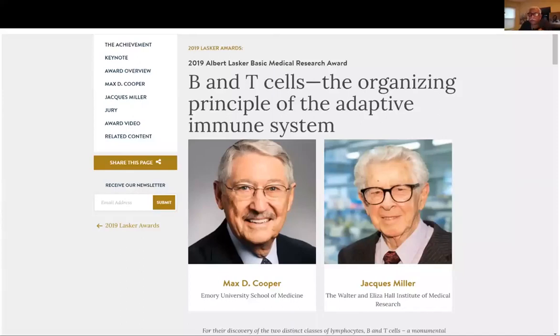This is highlighted by the fact that Max Cooper and Jacques Miller received the Albert Lasker Award for discovering T and B cells last year. The Lasker Award is the equivalent of the Nobel Prize in the United States. And they got this award for discovering T and B cells last year. So you can imagine how new the field of immunology is.